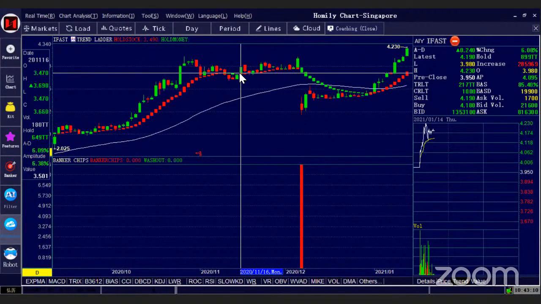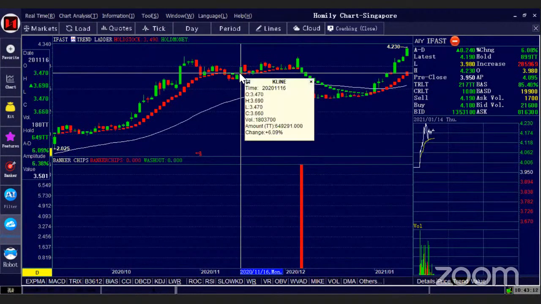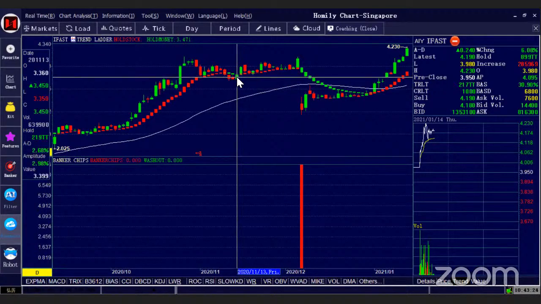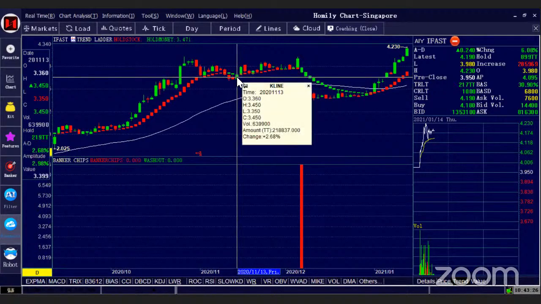And I bought around this candle, I believe. Yes, the close price for this candle is $3.66. My cost is $3.63, I think maybe 1 day earlier.